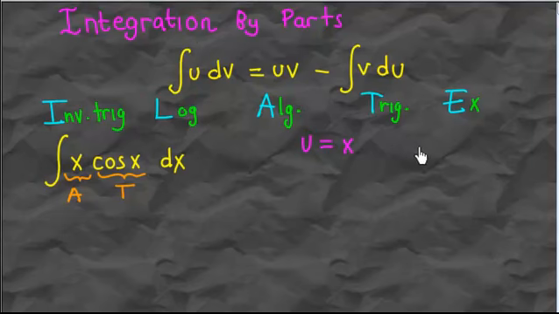Using u equals x, then du is dx. And the rest, which is cosine x dx, is our dv.